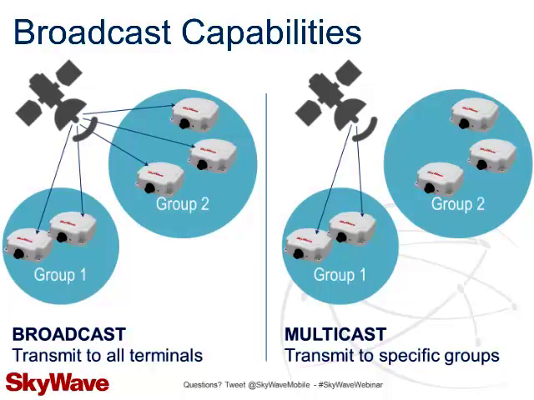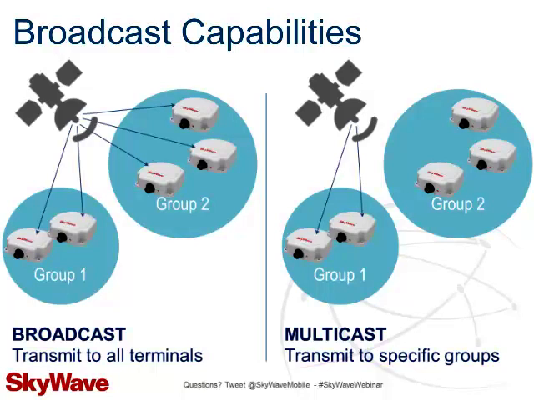This feature is also applicable in the maritime sector when you want to send weather bulletins to all vessels in a specific area. IsatData Pro supports both broadcast, where all the terminals in a satellite spot beam receive a message, or multicast, where only terminals in a specific group will receive a message.